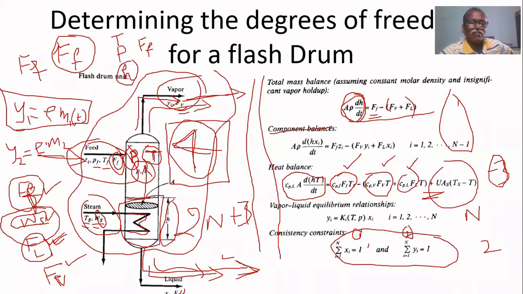If you decrease it, level definitely will increase, so level also can be controlled. And if you decrease this, more pressure will develop, so the vapor flow rate will increase. And as pressure increases, the feed flow rate will decrease.